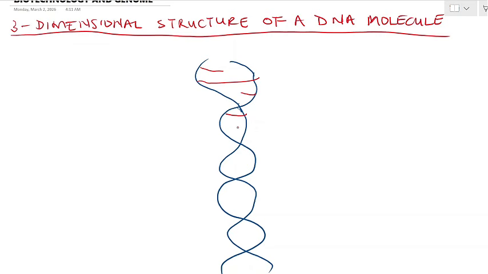So you have the completion of the base structure this way.